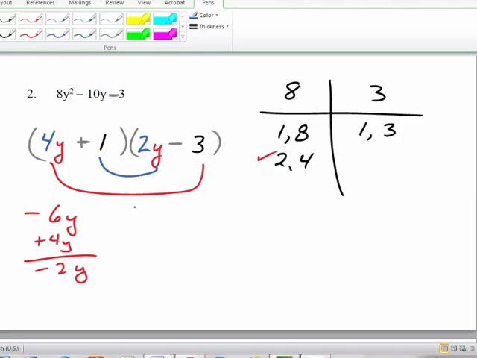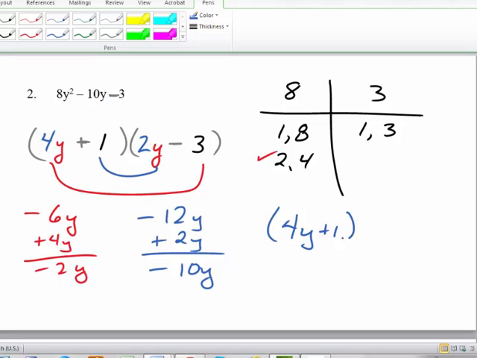Now our outside and our inside give us negative 12y and positive 2y, and that sums to negative 10y, which means we found our answer. And our final answer will be 4y plus 1 times 2y minus 3.